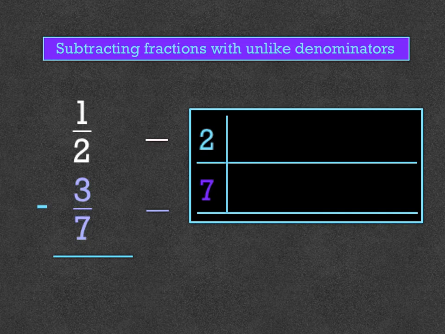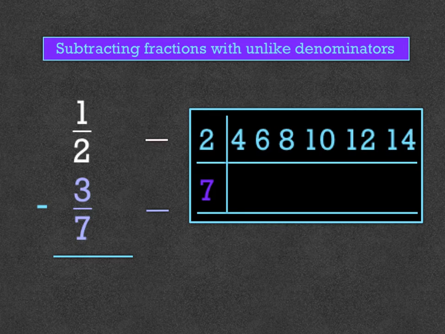We will follow the same process when we are subtracting fractions with unlike denominators, just as we would adding fractions with unlike denominators. So here I'm going to look at the two denominators. I have the denominator 2 and I have the denominator 7. I'm going to now identify the first few multiples of 2, which are 2, 4, 6, 8, 10, 12, and 14.